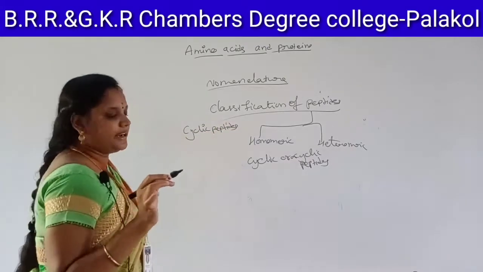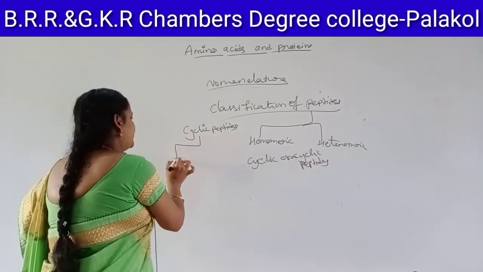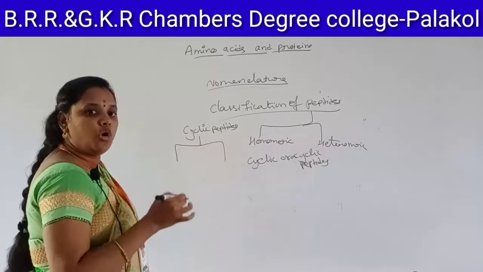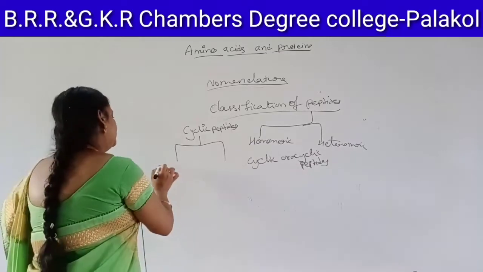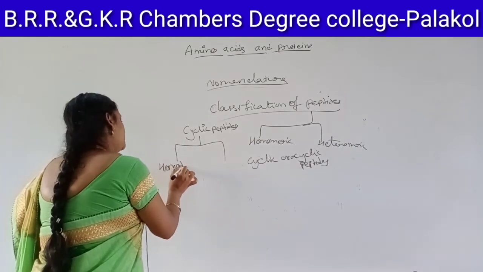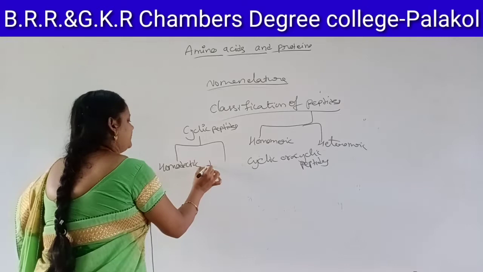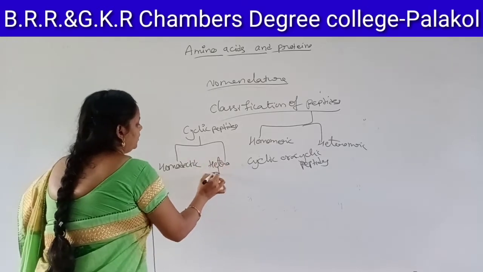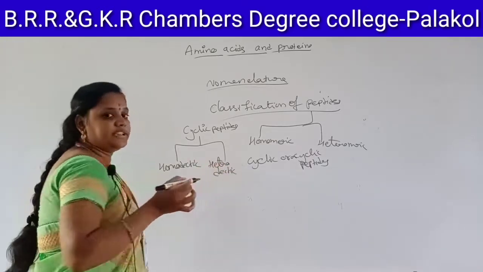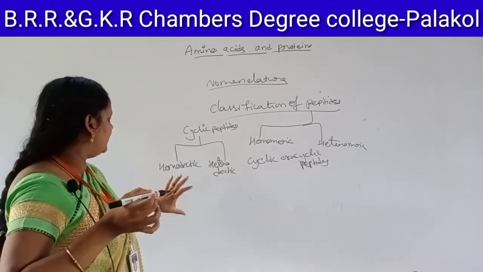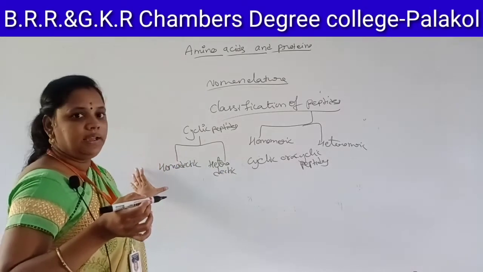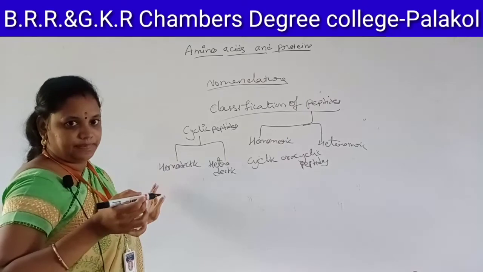Now, let us classify our cyclic peptides. Cyclic peptides are classified into two types: homodetic, heterodetic. Okay students, homodetic means in the ring only amino acids are present.